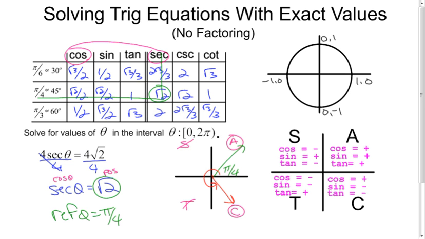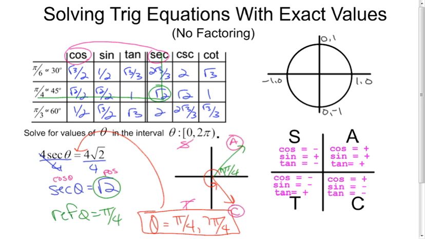So I need the reference angle and its fourth quadrant relative. Now when I go to write theta equals for my final answer, I say pi quarters again, and I also say 7 pi quarters, which is this angle in the fourth quadrant, which is like going 8 quarters forward and back a quarter using the reference. These two values should be making that equation true.